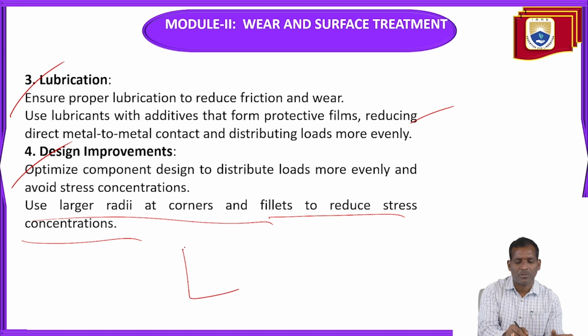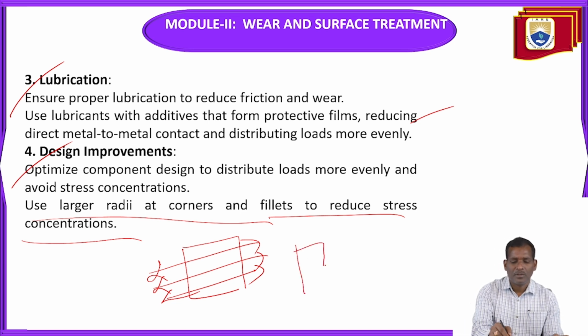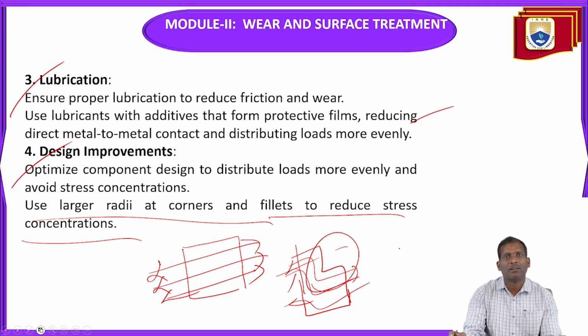For example, suppose this is a uniform bar. In this, the stress distribution is uniform whenever this component is subjected to tensile load. Suppose the irregular component is like this. In this, the stress distribution is not uniform, so there is a stress concentration at this sharp edge.